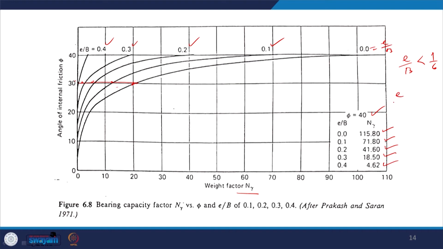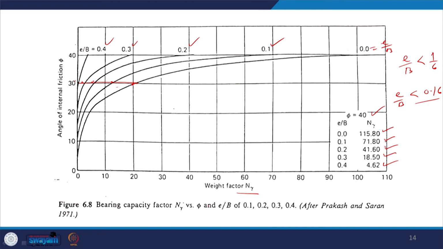That means E by B should be less than 0.16, and we may not expect to increase the value of E by B more than 0.2. In that case it will reduce from 115 to 41, that means the value of this factor has reduced to almost 1/3, less than 1/3. So, this was the scenario for the factor N gamma.